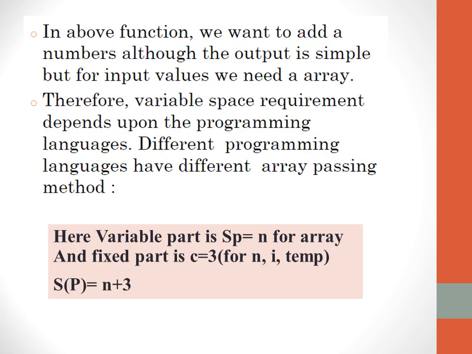We can write here that the variable part S suffix p is n for the array, and the fixed part is C equals 3, that is for n, i and temp. So the total memory space requirement here is n plus 3. So this is the order of n. So I can say here the space complexity will be O of n. Even if it is n plus 10, the complexity will be O of n. Now proceeding further.